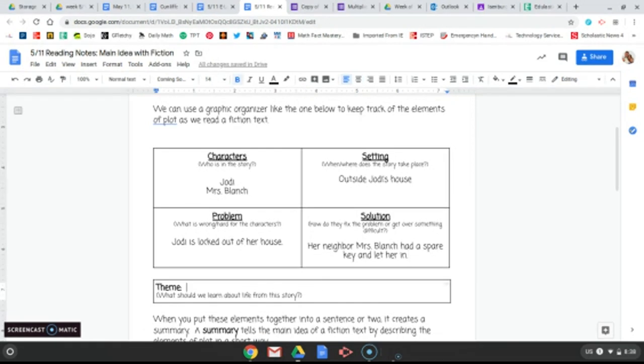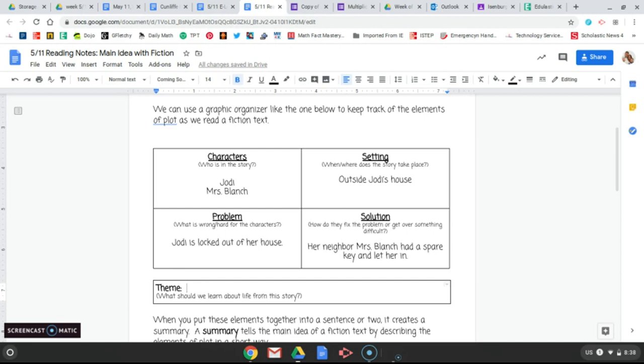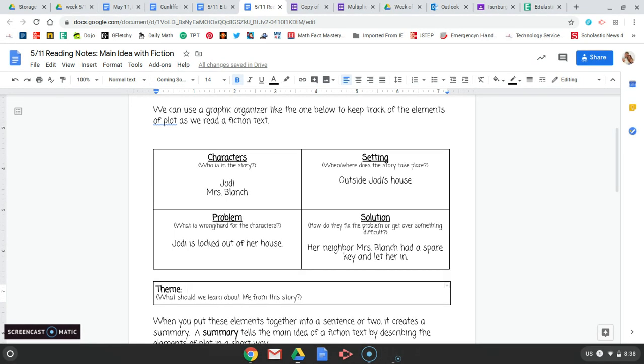All right, so let's think. Do you think there's a lesson in this story? What do you think maybe Jody learned from her problem that we could apply as a warning or advice for our life? So I was thinking, if she was locked out because she forgot her keys, then maybe the lesson would be to be responsible for yourself, right?